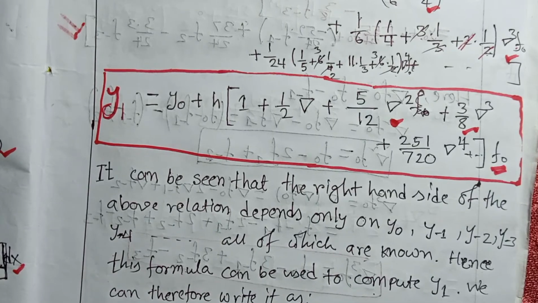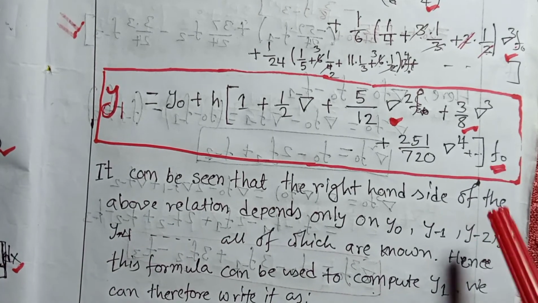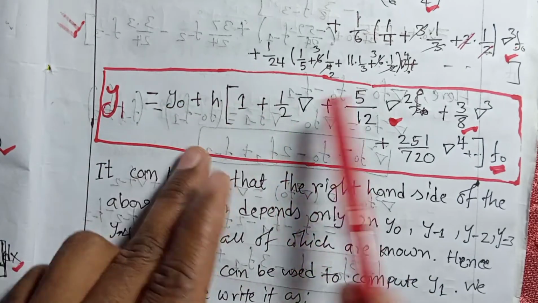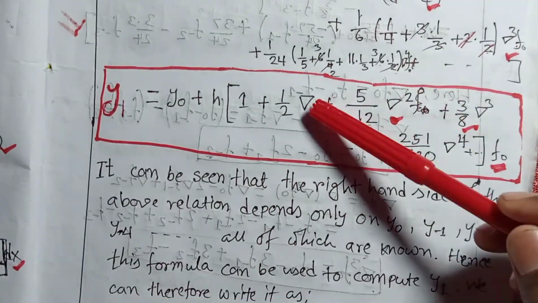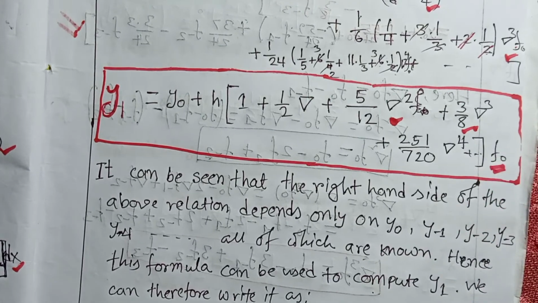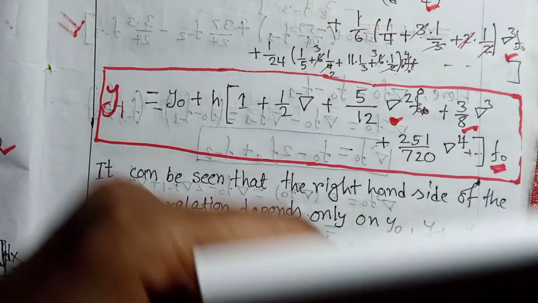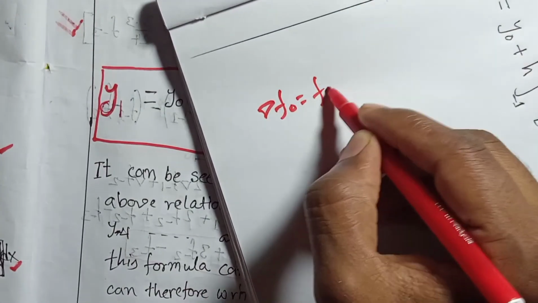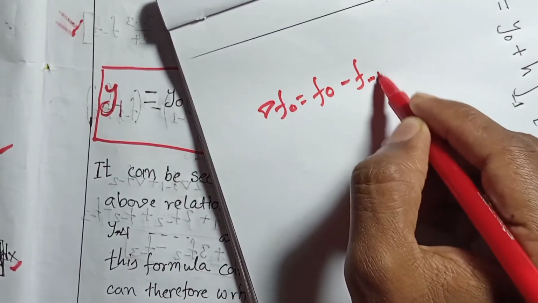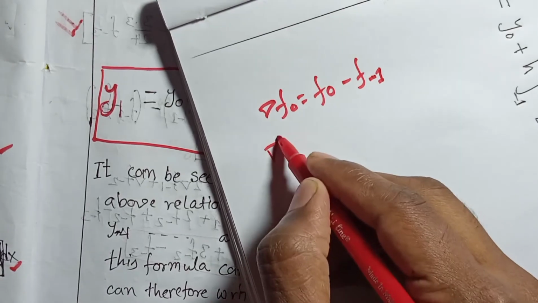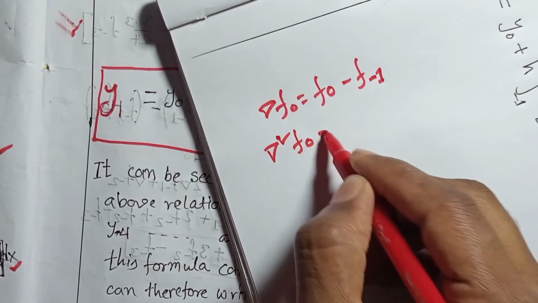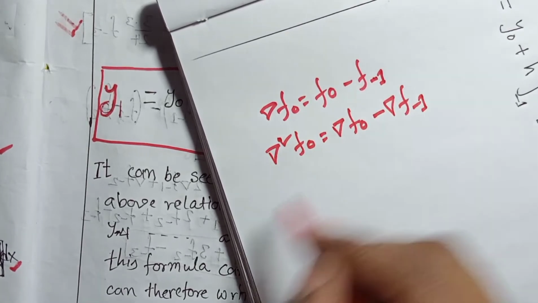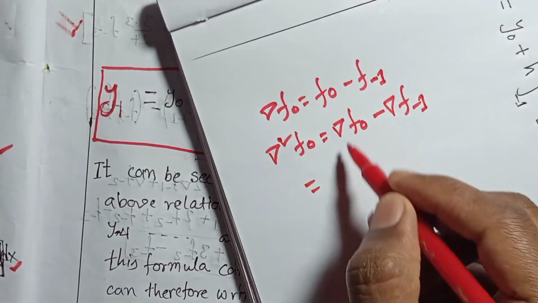Here we see that y1 and y0 are on the right side, and we know that nabla f0 is nothing but f0 minus f sub minus 1, and nabla squared f0 is nothing but nabla f0 minus nabla of f sub minus 1.